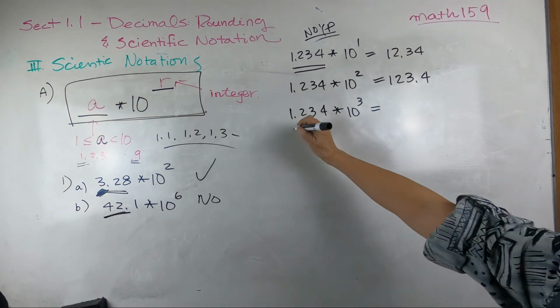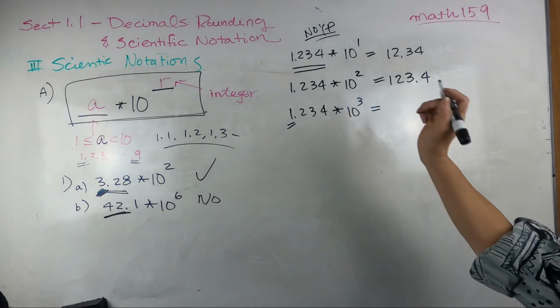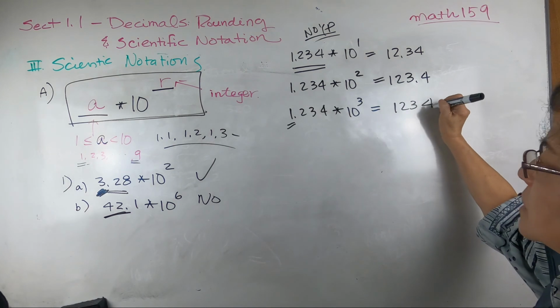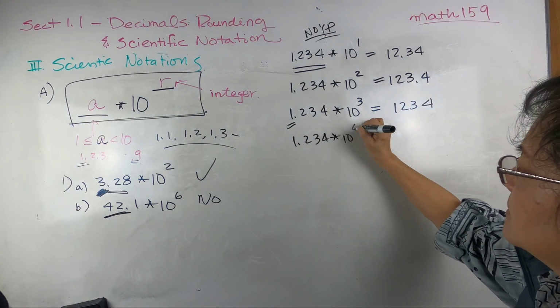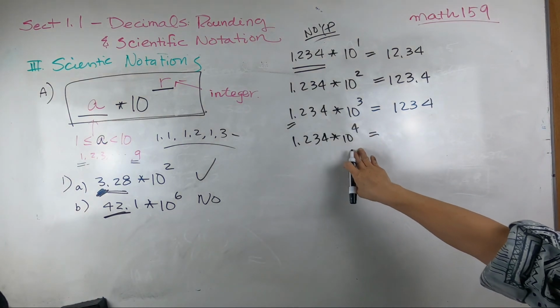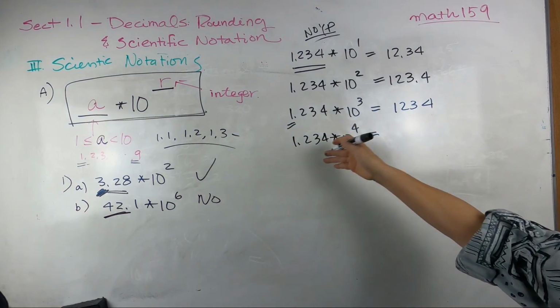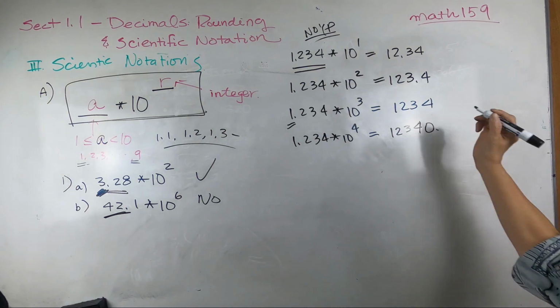Between that, 1 digit before the decimal for the whole number part with some decimals. So times 1,000, you have 1,234. If I have 1.234 times 10 to the 4th power, still scientific notation. But what does this number actually is? Times what? 10,000. So you times 10,000, use your calculator, you should have this.